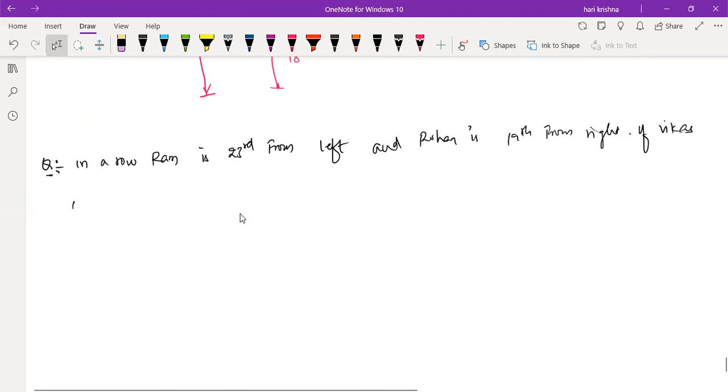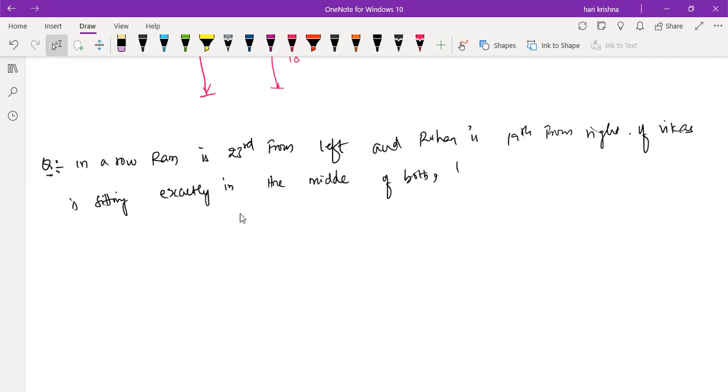If Vikas is sitting exactly in the middle of both, then what is the least number of people in a row?